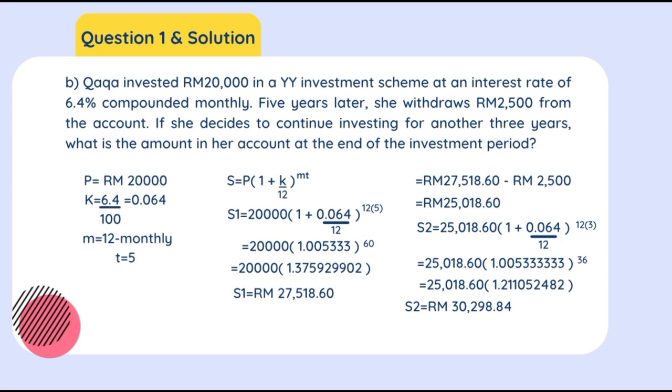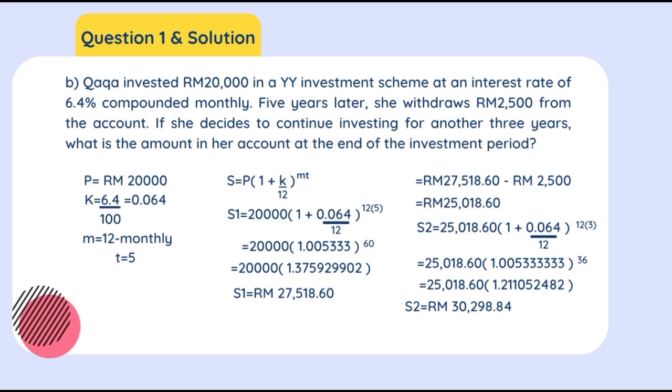S1 = 20,000(1 + 0.064/12)^(12 × 5) = 20,000(1.005333)^60 = 20,000(1.375929902). S1 = RM27,518.60. 5 years later, she withdrew RM2,500 from the account, so it equals RM27,518.60 minus RM2,500, which equals RM25,018.60.